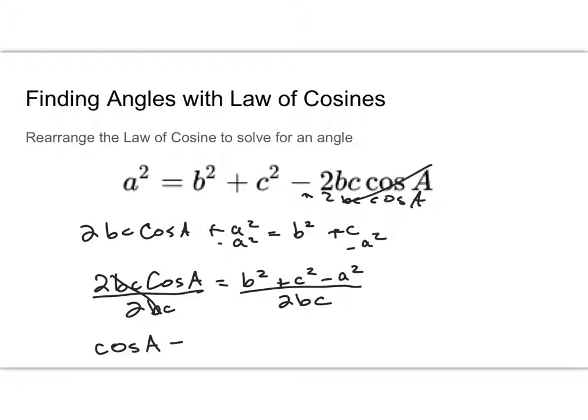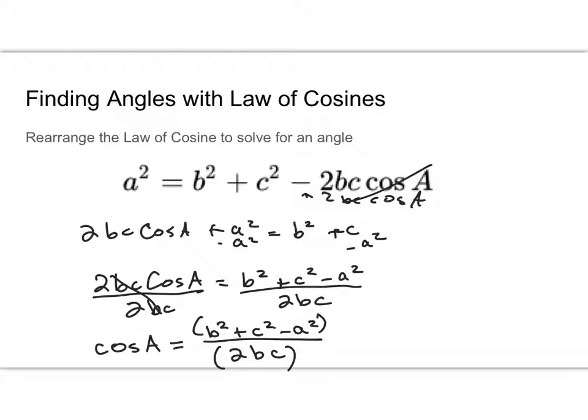So the cosine of angle A equals b squared plus c squared minus a squared, all of that divided by 2 times b times c. And remember, if you're plugging this into a calculator, you've got to protect your fraction. You have to put parentheses around the top and the bottom.